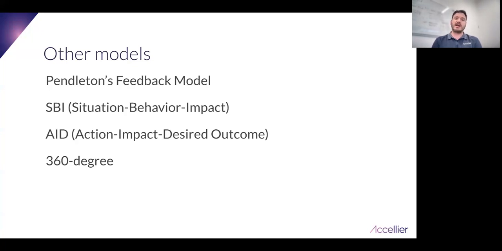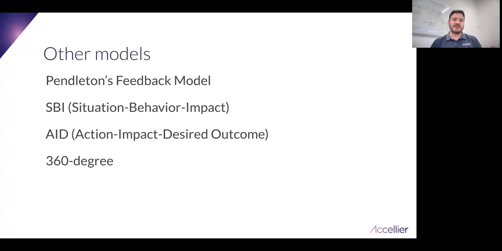It's particularly helpful, probably more so in a management context, if you have staff who aren't so open to feedback, who are a little bit resistant. Pendleton's model can be really helpful in breaking through those barriers.